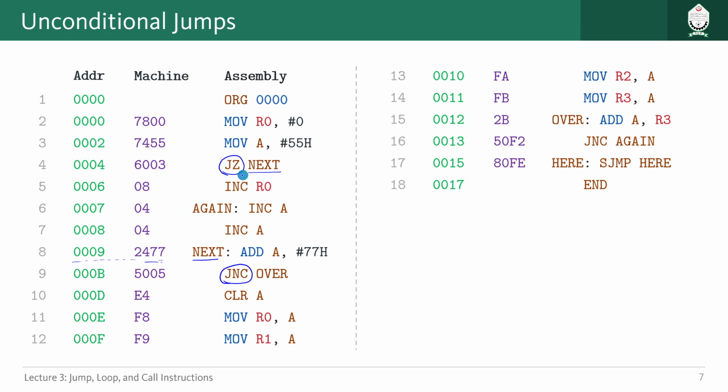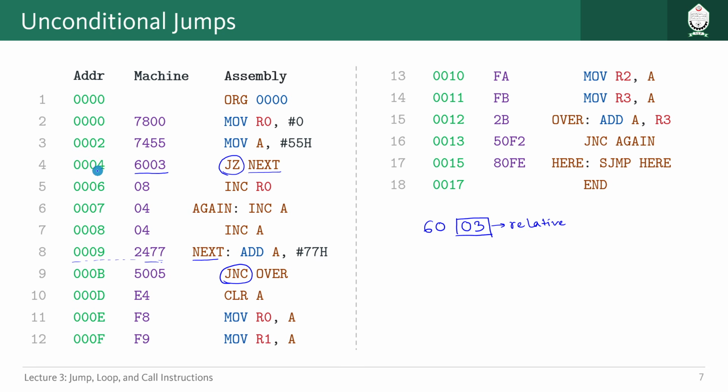Now this is the machine code for this particular instruction. The 60 here is the opcode, and 03 is the relative address, from the information we had earlier. What we are going to do is add this relative address to the current PC value.